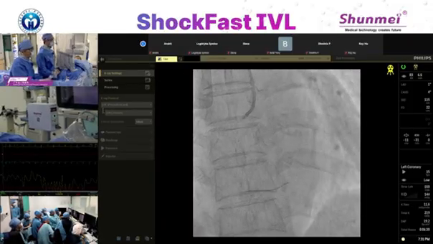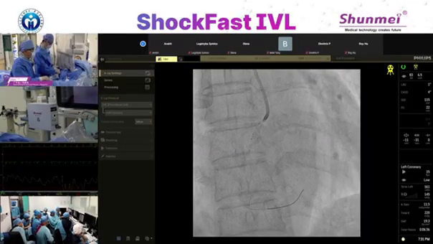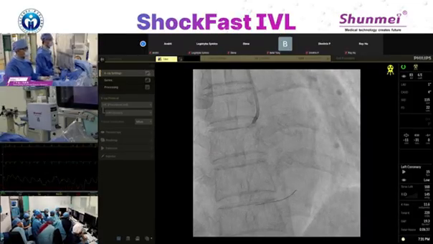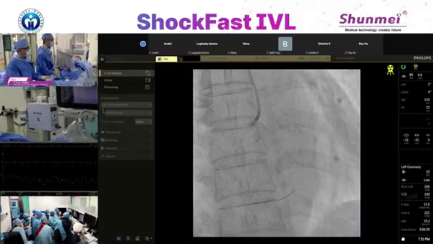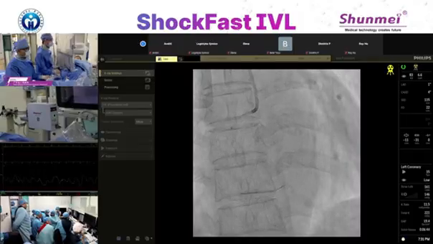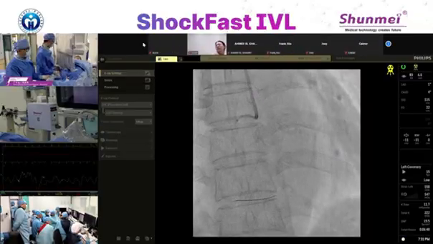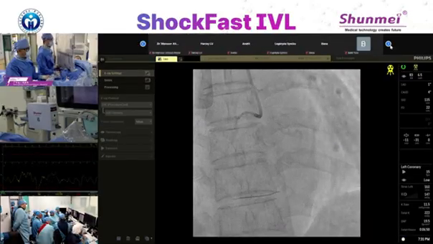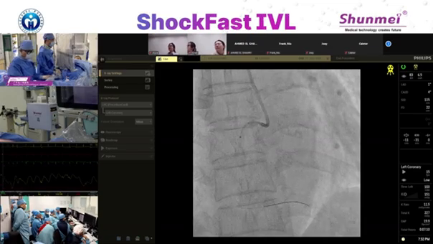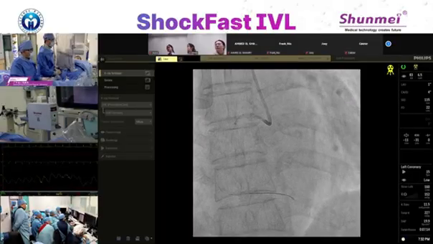Okay, let's go. See? It was a deep seated guiding extension. No, it's quite hard. Godzilla in, ShockFast a little bit in.